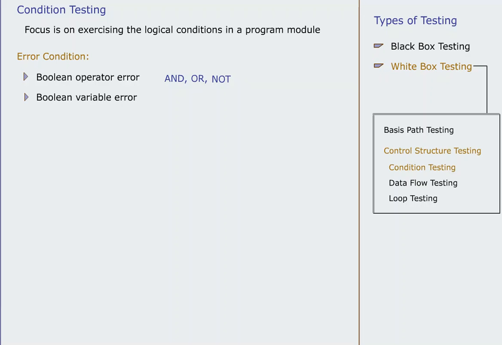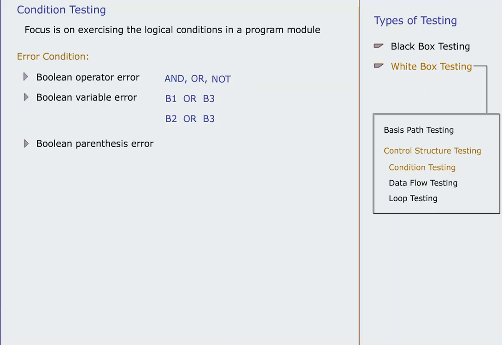Boolean variable error can be due to incorrect usage of any Boolean variable. For example, we want to write B1 or B3, but we write B2 or B3. Here, B2 is incorrect. The result would change due to wrong use of Boolean variable.